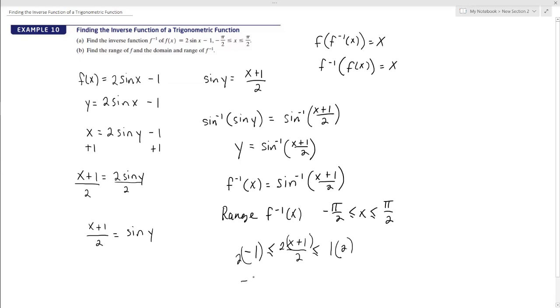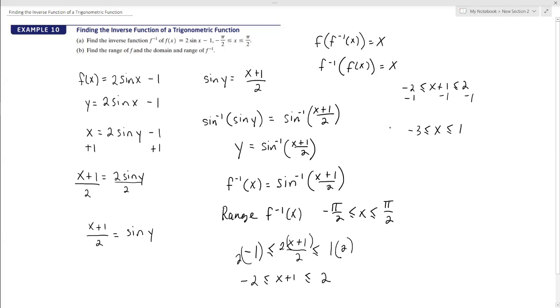So that becomes -2 less than or equal to x plus 1 less than or equal to 2. Now all we have to do is subtract the 1. So we'll subtract 1 everywhere. So -3 is less than or equal to x, which is less than or equal to 1.